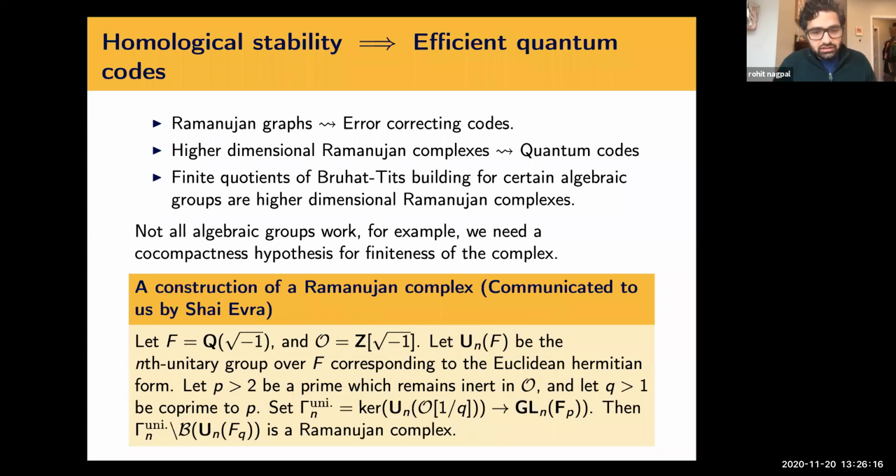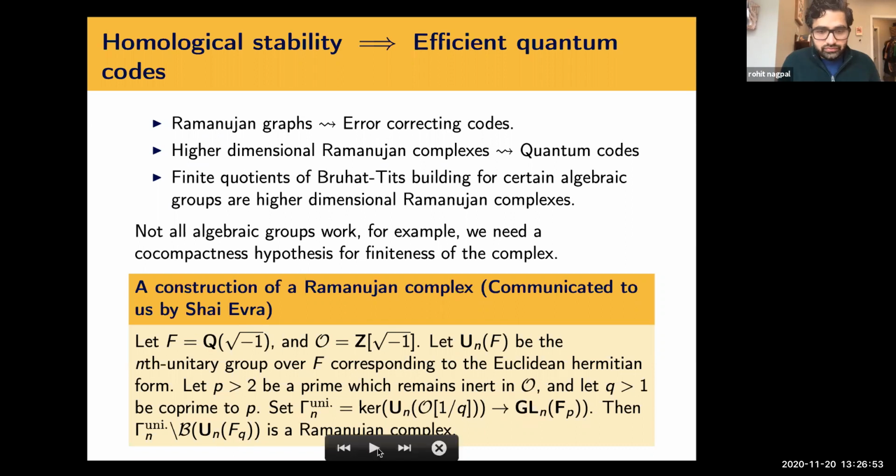Then you take the congruence subgroup of level p inside U_n(O[1/q]). So you have to invert q, and then you can take the congruence subgroup like this. Then the quotient of the Bruhat-Tits complex for this unitary group is a Ramanujan complex, right? So it's a generalization of the example that we saw earlier.